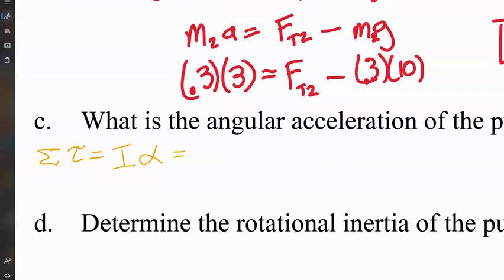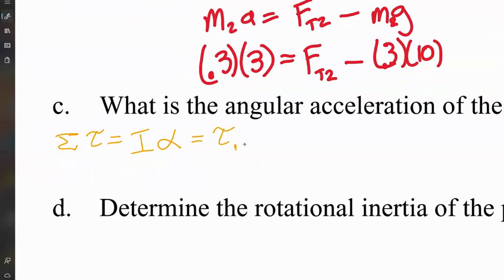which is, right, the torque of tension 1 minus torque of tension 2, because the tension attached to block 1 is pulling our pulley forward in that axis, and then the torque of the tension attached to block 2 is kind of holding us back.